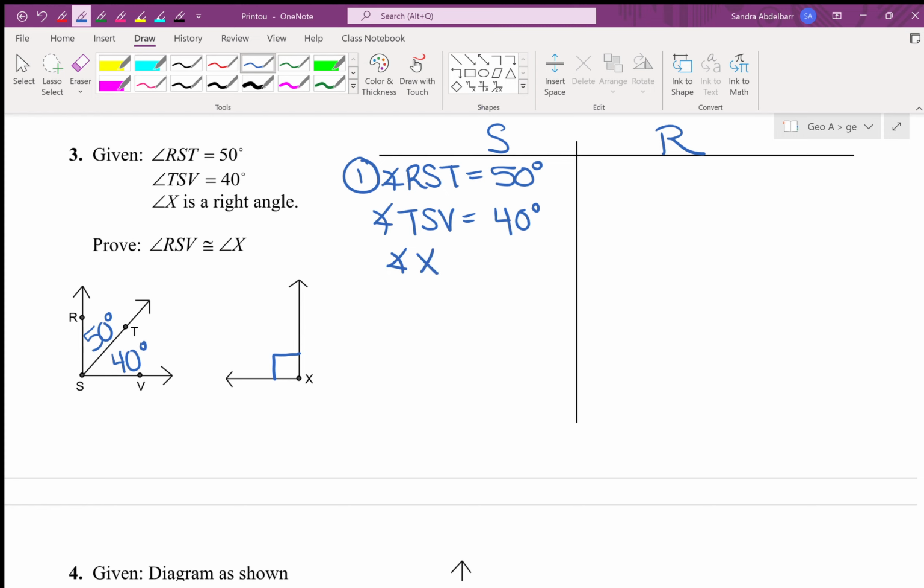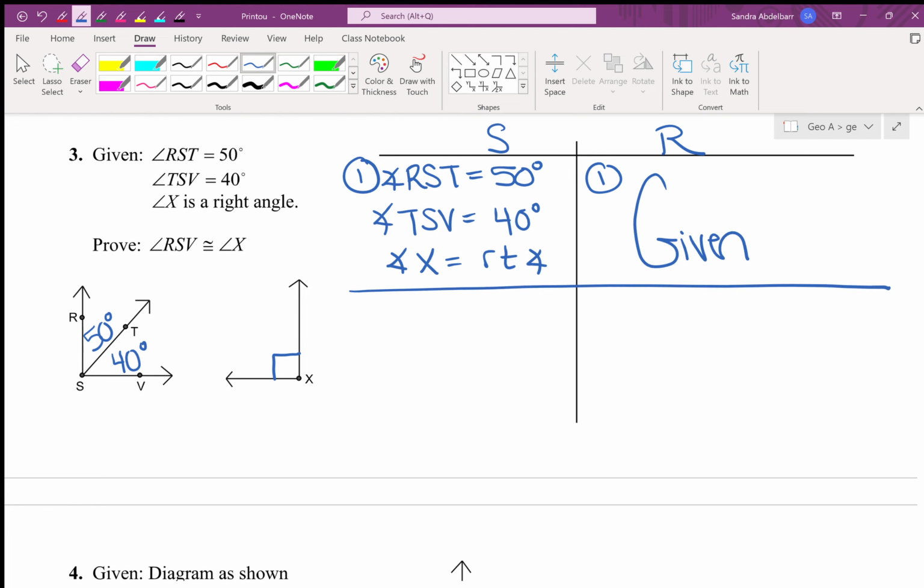Angle X equals right angle. And our reason is given.